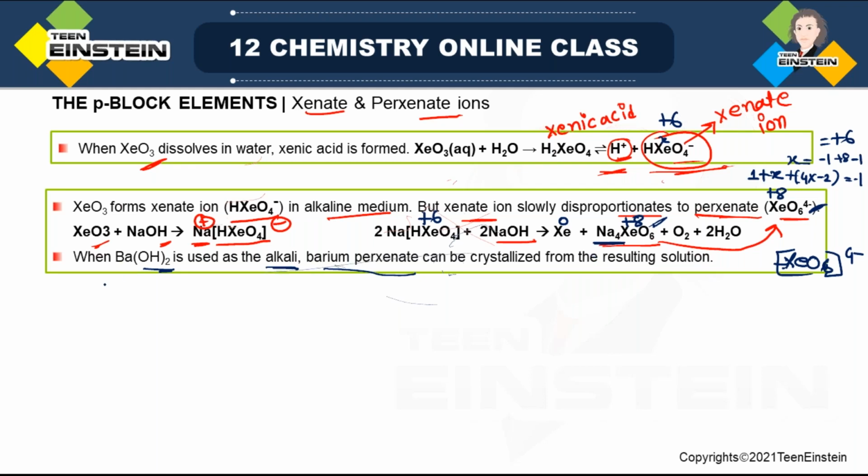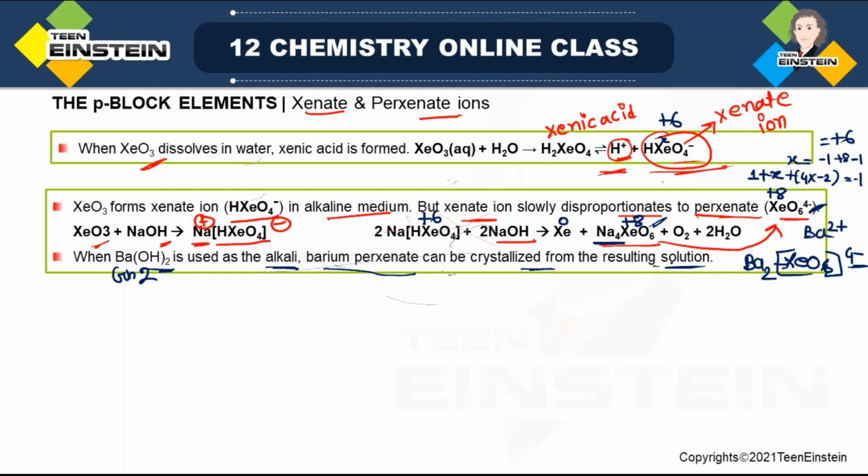But barium is from group 2, and its oxidation state is plus 2, so per barium you already have a 2 plus charge. That is why to balance 4 negative charges, 2 barium are enough, whereas in the case of sodium you need 4. So barium Perxenate can be crystallized from the resulting solution, and that has already been experimentally done.